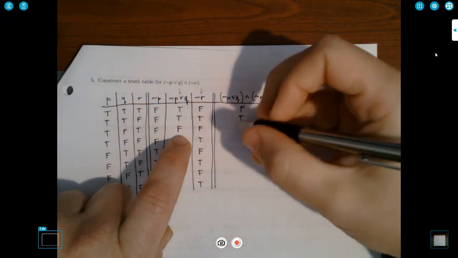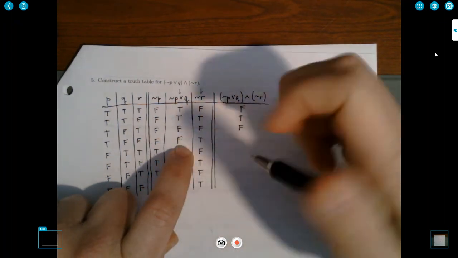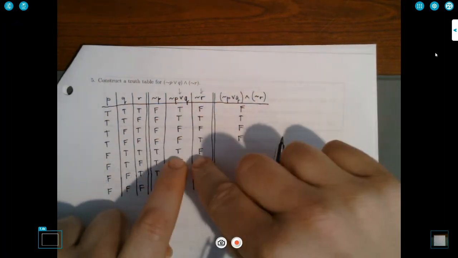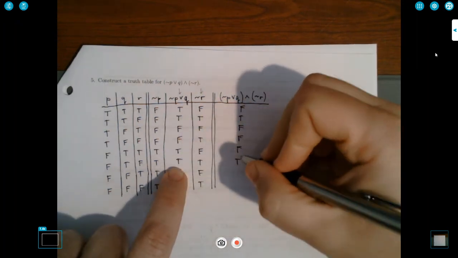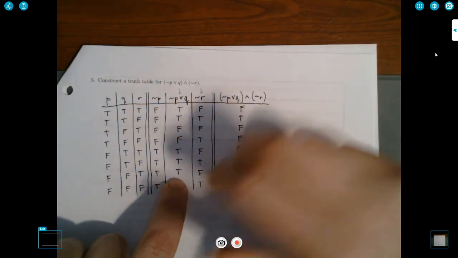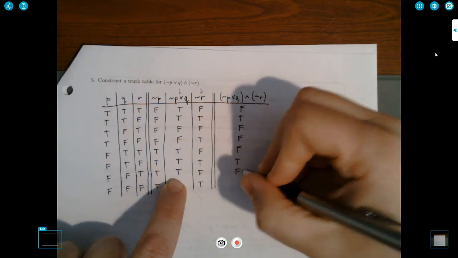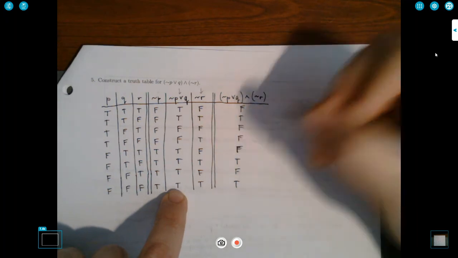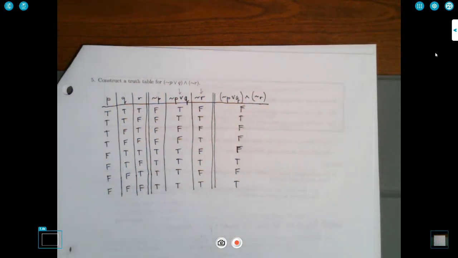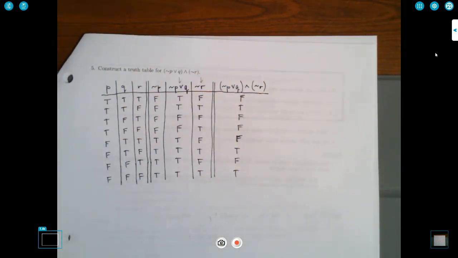Here we have two false, so it's false. One false, so false. One false, so false. Both true, so true. One false, so false. And then both true, so true. Okay, and then that's it.